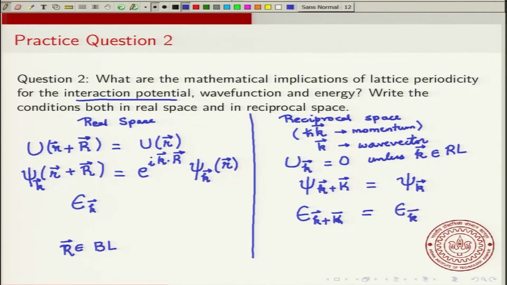I am not writing the n, the band index. What is important is that k is contained in the reciprocal lattice. So the periodicity in real space implies a periodicity in reciprocal space, and if you recall, it is this periodicity in reciprocal space that we used to construct the bands in a solid.